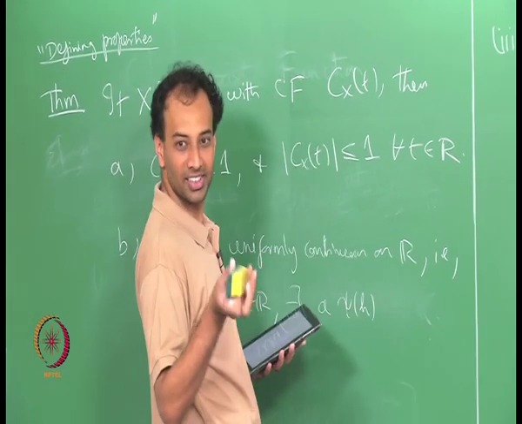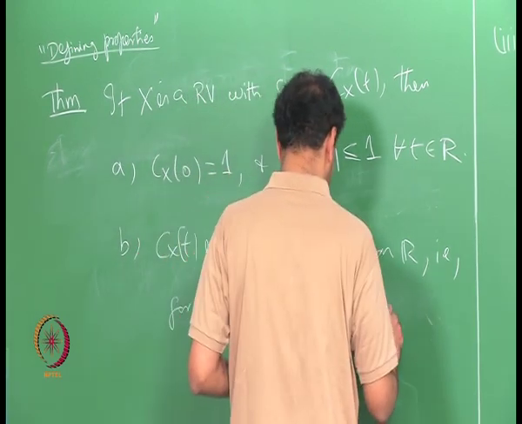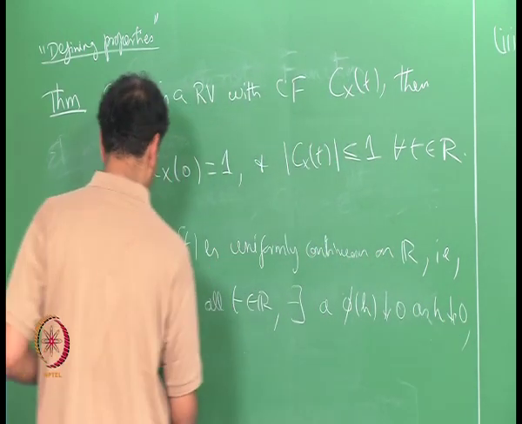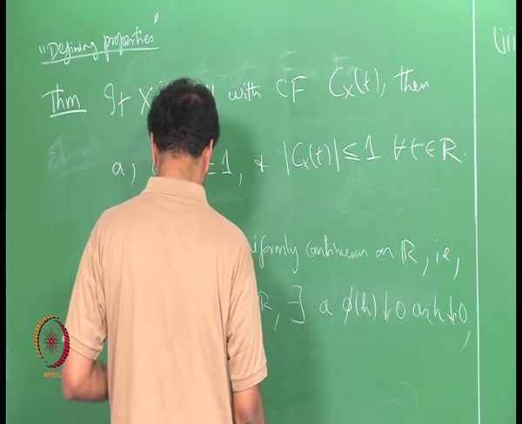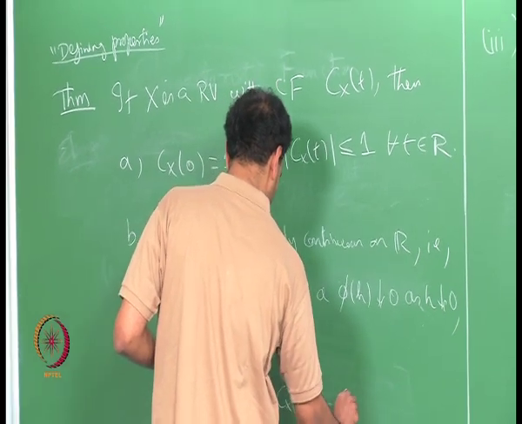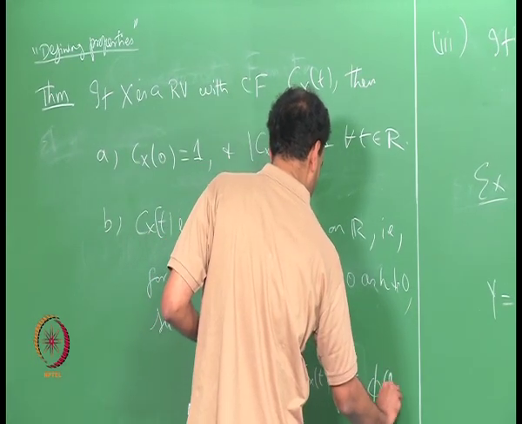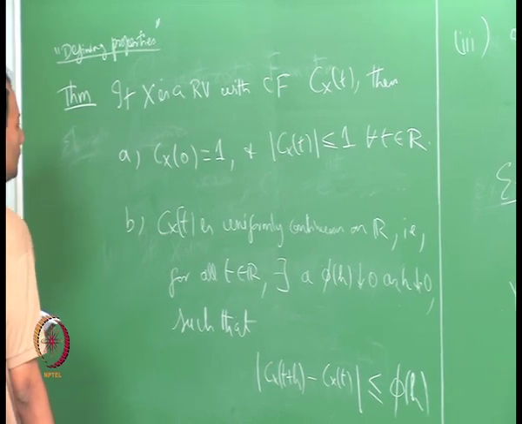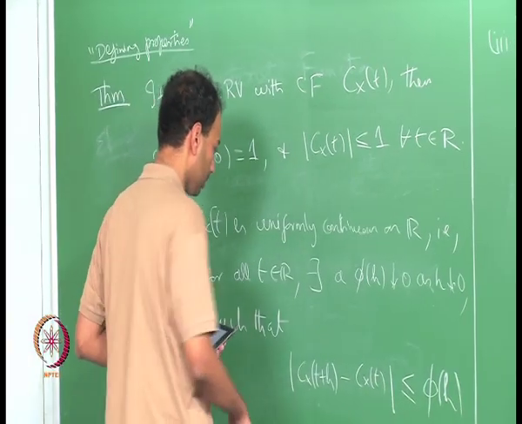I use psi for conditional expectation, so maybe I should call it phi of h, which goes to 0 as h goes to 0, such that absolute value of C x of t plus h minus C x of t is less than or equal to phi of h. Okay. So, this is the second property.